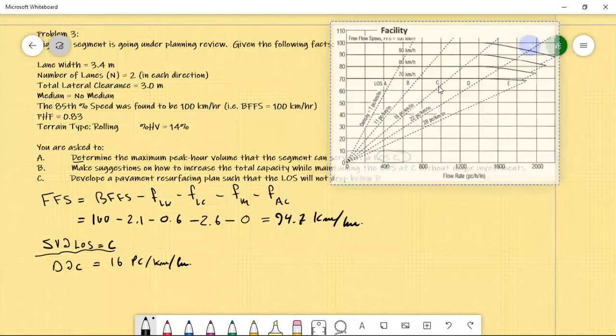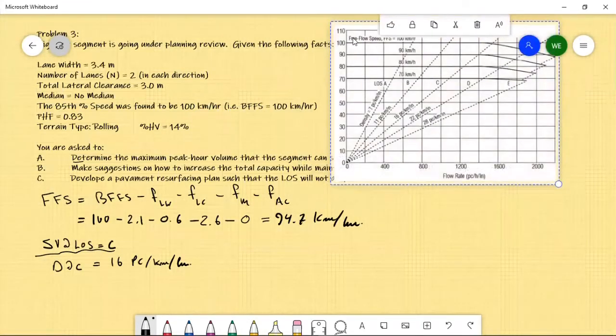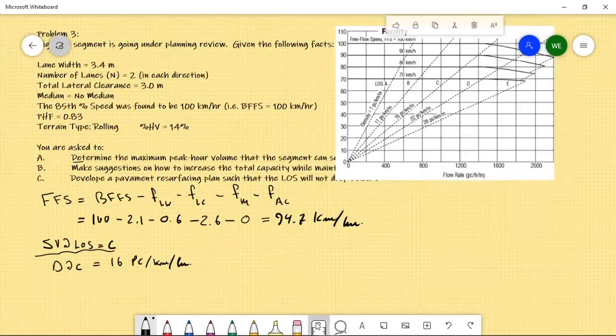As we can see, the free flow speed we have is 94.7, so it's somewhere here. So let's take a ruler.